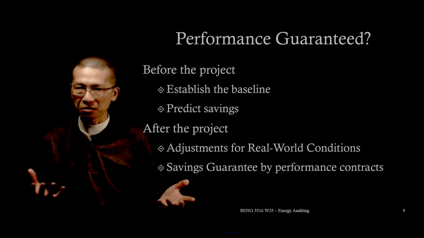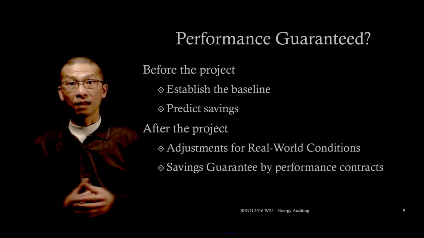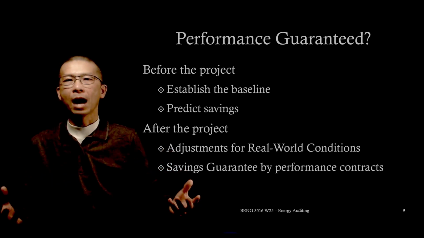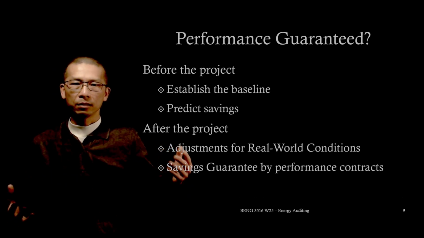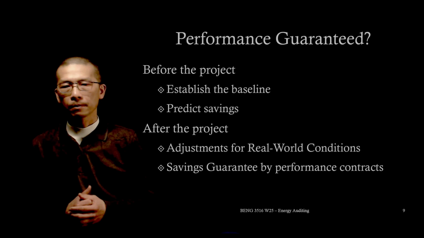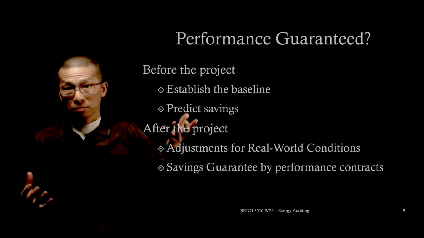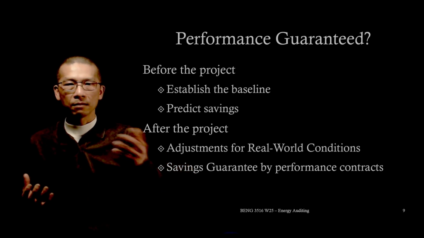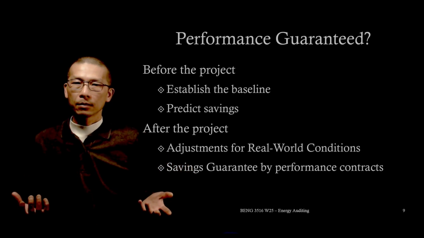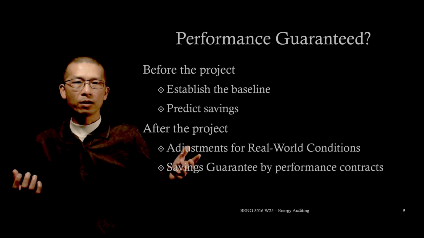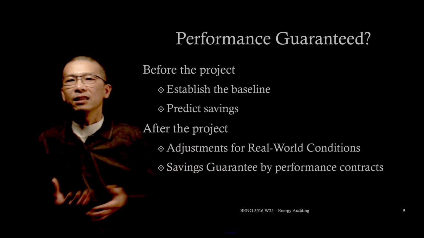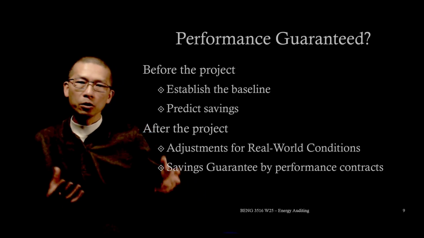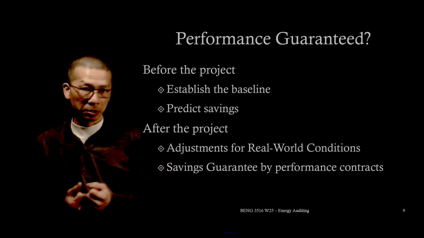So there are many factors that can change, and adjustments are necessary. If a factory produces more after a project upgrade, the total energy may go up, but savings per unit of production can still be valid. Or if a winter was warmer than usual, heating demand is lower, so savings must be normalized for typical weather.